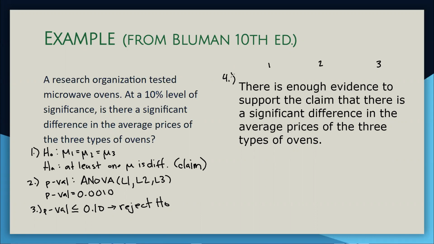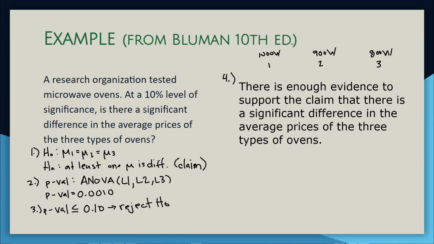So this is another instance where we've found a difference. And we would, again, if we wanted to locate where it was, we'd have to go back and run another test comparing each of those groups pairwise. So if I want to compare those differences, I've got 3 different types of ovens, the 1000 watt, the 900 watt, and the 800 watt.